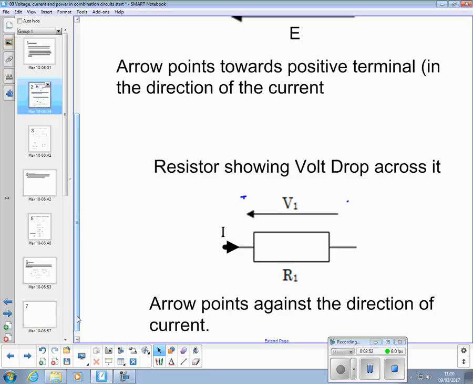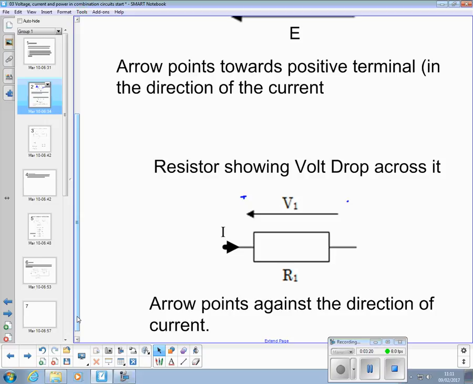It's really important that you get this, because when we go on to do Kirchhoff's laws next week, labeling up your diagrams with the arrows in the right direction is the key to getting the right answer to some of the problems. For any volt drop, the voltage arrow opposes the current arrow going through that device.